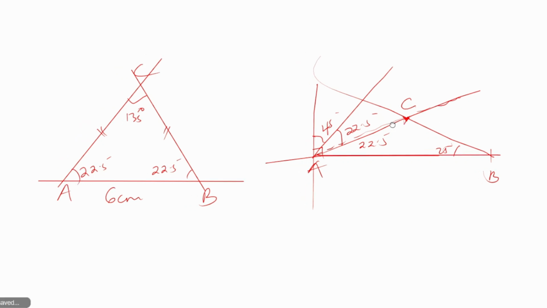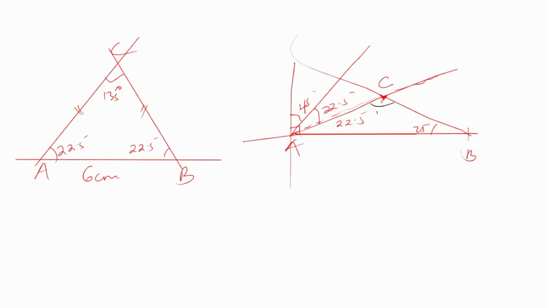Because the angle that is here is 135, to have the angle that is half of that at the circumference, we're going to use this point as the center of the circle. So point C will be the center of the circle. We shall draw a circle, but since we require it on only one side, we shall have the circle that way. So this will represent the locus P.